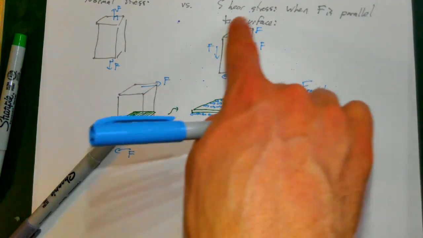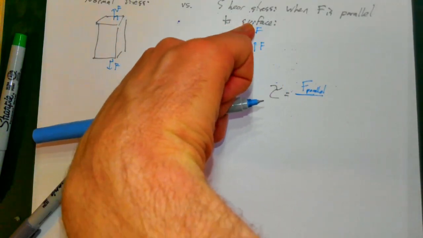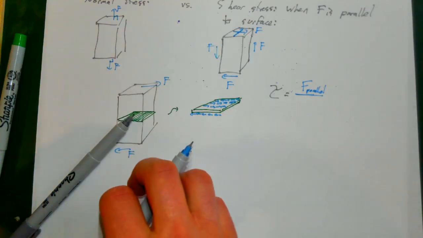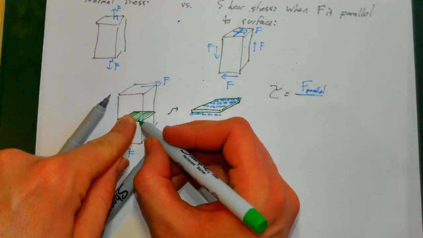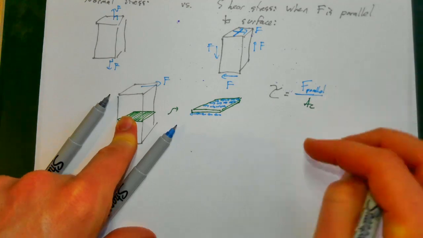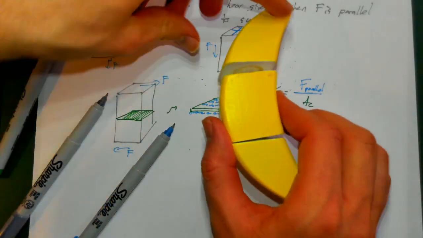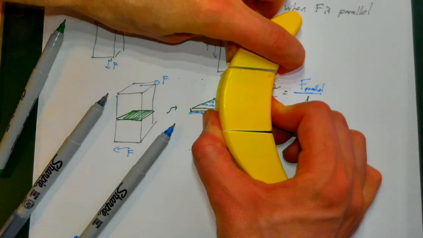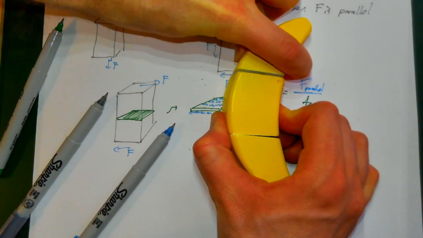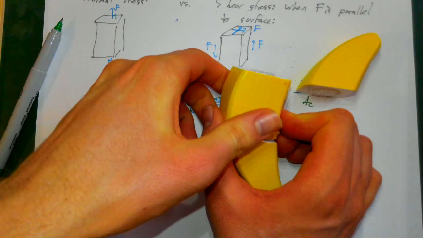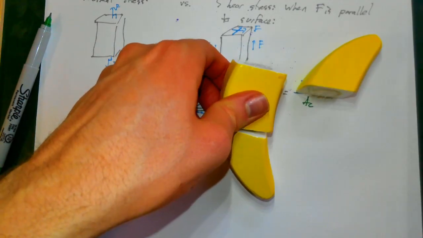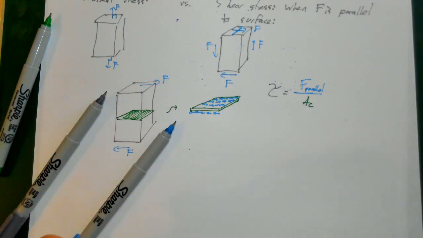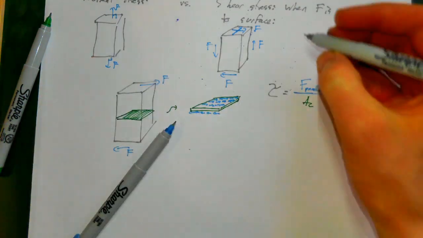But if you take the resultant parallel force to the surface and divide it by this cross-sectional area, that's what we're talking about, right? So if I look at the banana right here, when I'm applying shear stress to the banana, I'm causing this to slide over. I'm considering this cross-sectional area of the white face right there. So this is what we call shear stress.